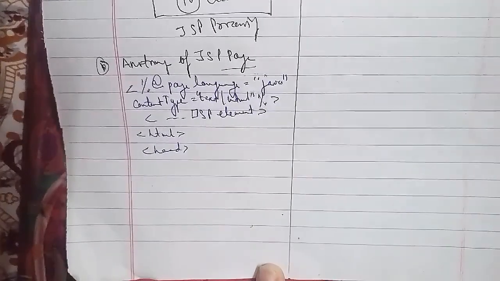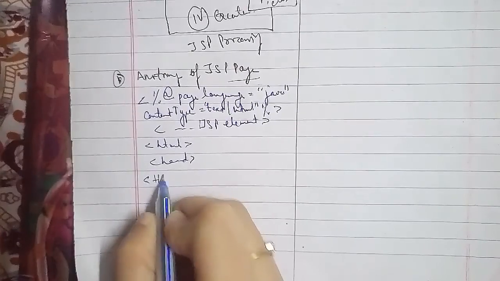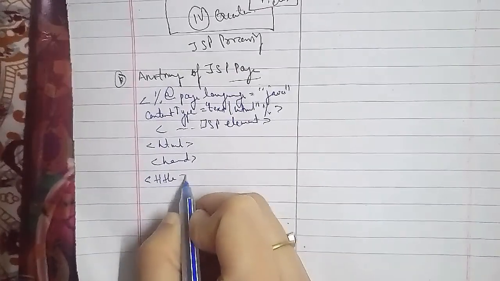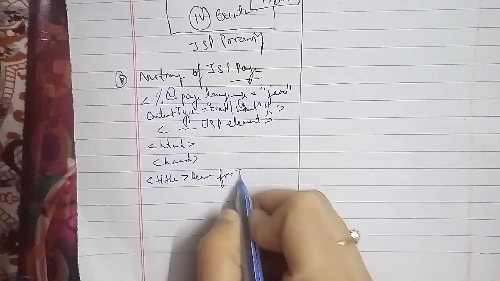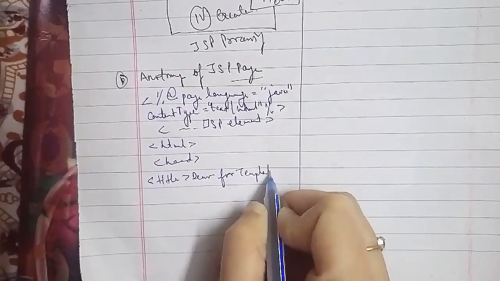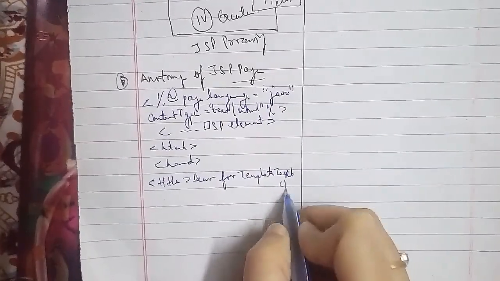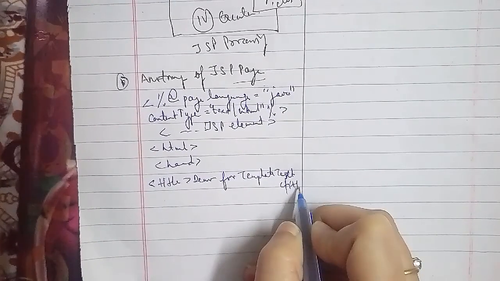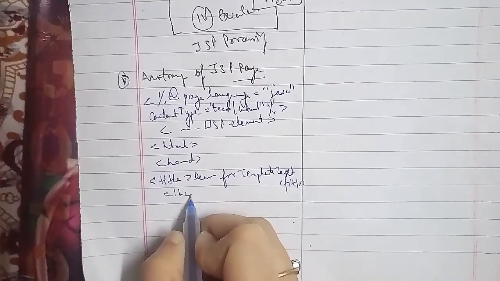Body bgcolor gray, then h1 tag, twinkle twinkle little star, h1 tag close. It is template text.